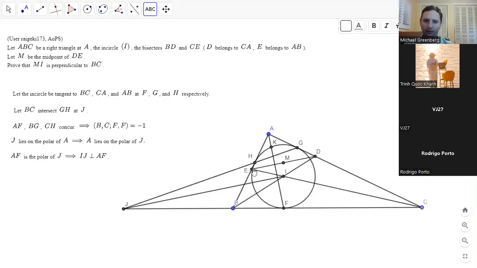And angle AED is 90 minus ADE, which is 90 minus DEC minus DCE.